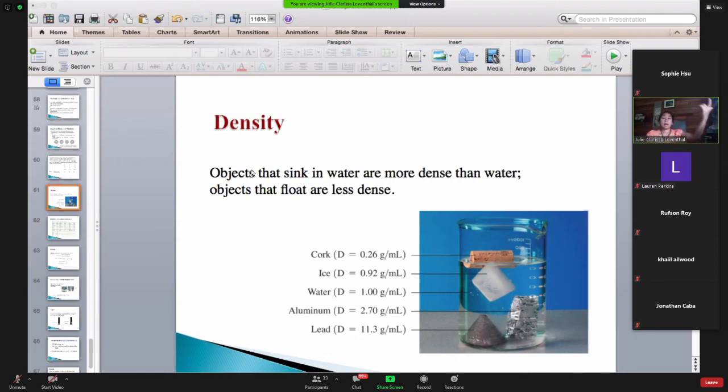If it's a cone, what would be the volume of a cone? Who remembers the volume of a cone? What's a measurement of a cone? You remember? Pi r squared h. Yeah, pi r squared h. Okay, so you can measure.